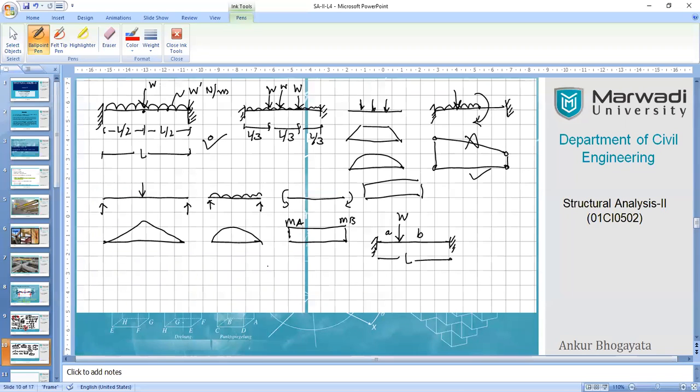This was the last slide that we discussed in the last session, where I demonstrated how you can utilize the typical shapes of the bending moment diagrams of the simply supported beam, which are derived from the fixed beam by using the principle of superposition. While using the principle of superposition, you can see it is shown that you have to separate the beam into at least two or three conditions.